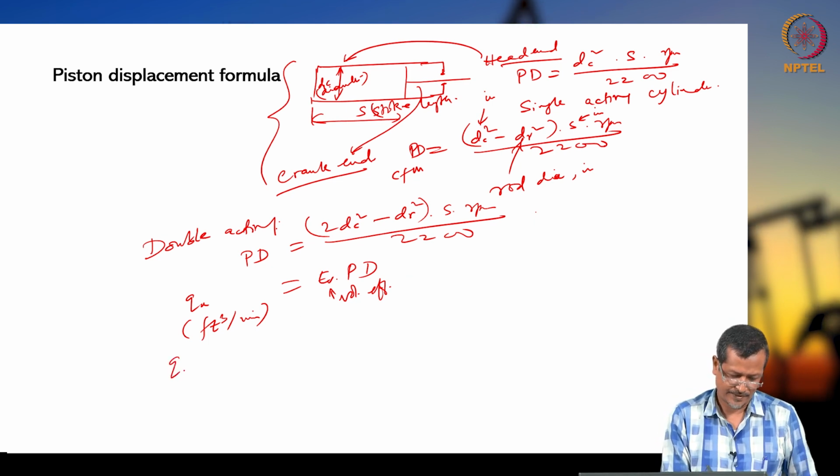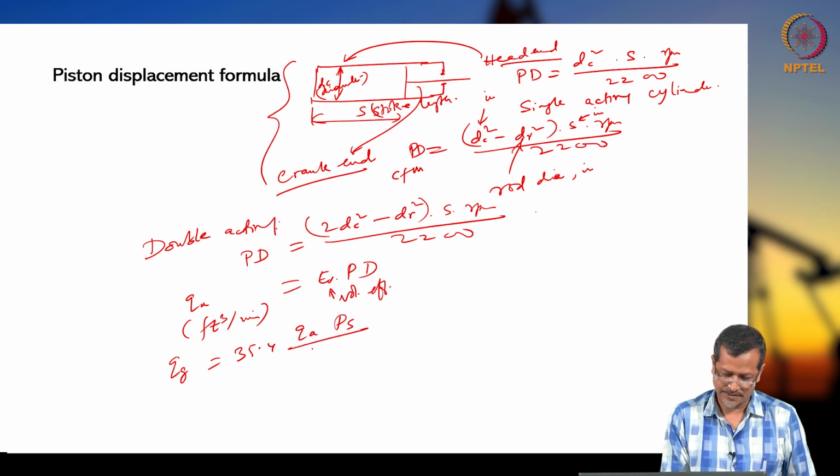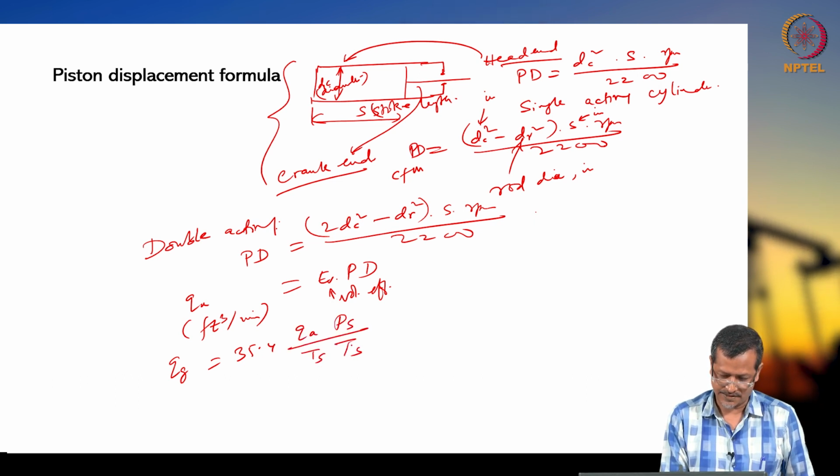Another formula they have given: QG equals 35.4 QA PS divided by TS ZS.